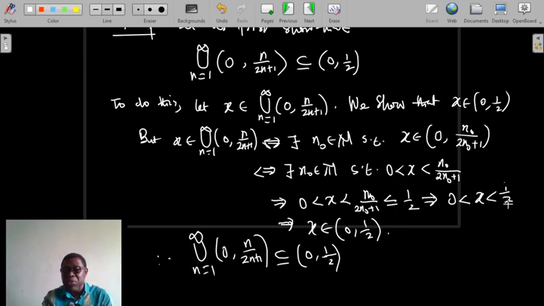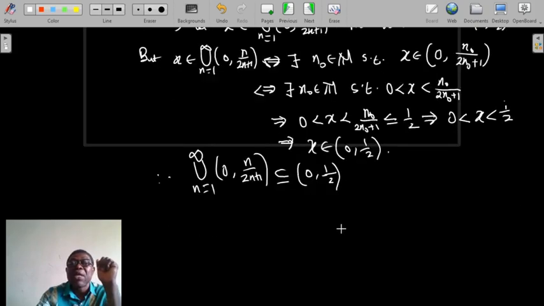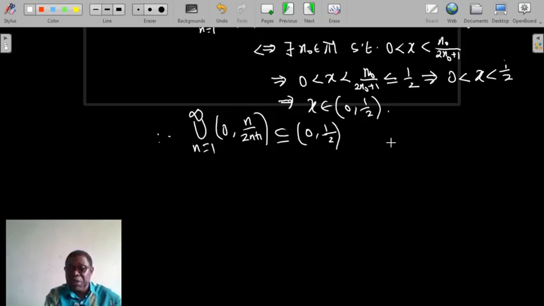That is the exercise we did in example 2, in the sense that half is the upper bound of the set E in example 2, meaning that for any n in the set of natural numbers, n over 2n plus 1 is less than or equal to half. That is how we got this. So this means that we've gotten that this is a subset of this.